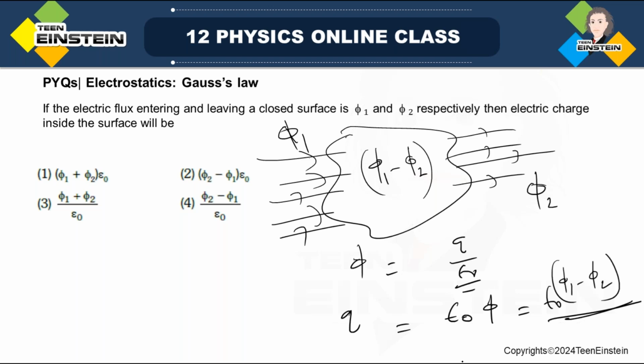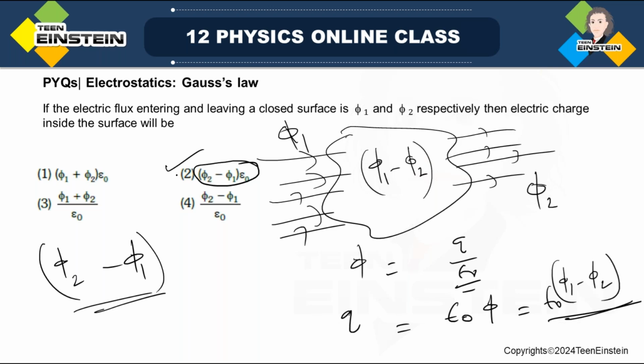So this is what I'm getting. Very much possible this. Okay, I don't know why they are writing phi2 minus phi1, because entering and leaving, which one is entering? Generally there is a convention, so which one is entering is taken as negative, so that's why they have written here like this, and what is leaving is positive. So anyway, the option 2 will be the correct answer for this question.